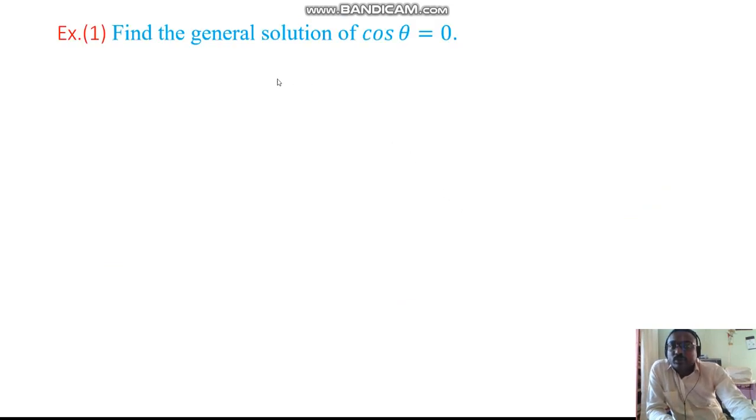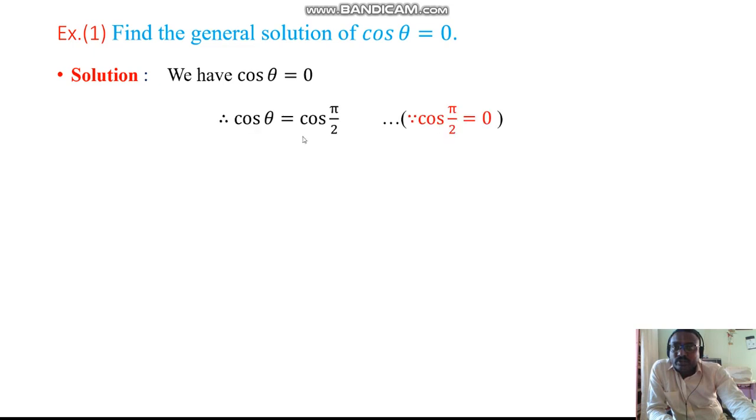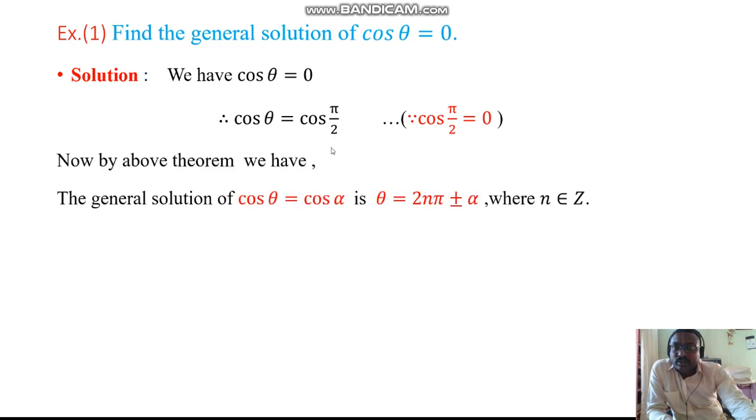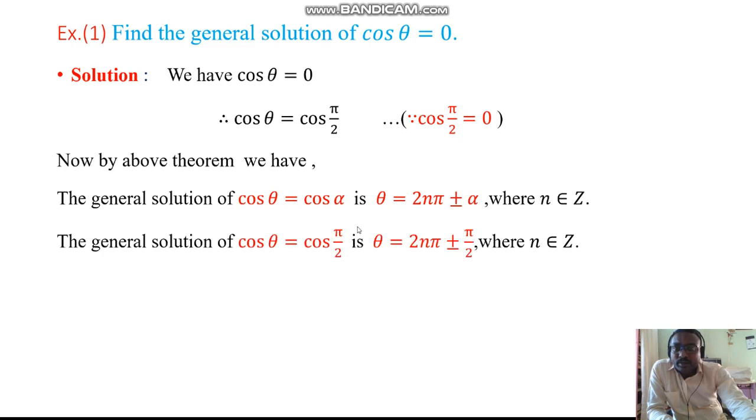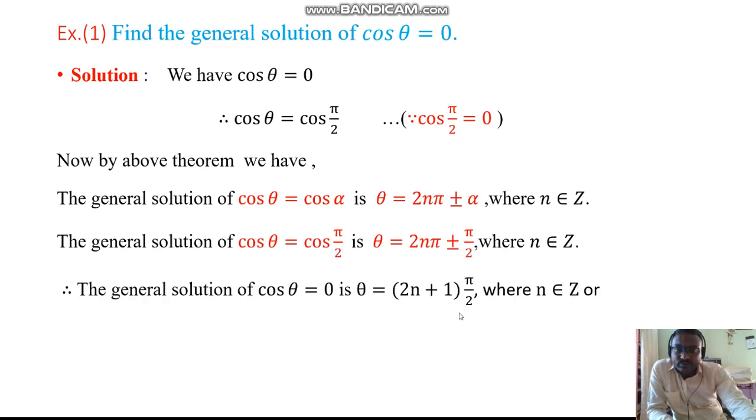Find the general solution of cos theta is equal to 0. Given that cos theta is equal to 0, and we know that cos pi by 2 is 0, therefore cos theta is equal to cos pi by 2. Then by the above theorem, we only replace alpha by pi by 2 and we get the general solution of this example.